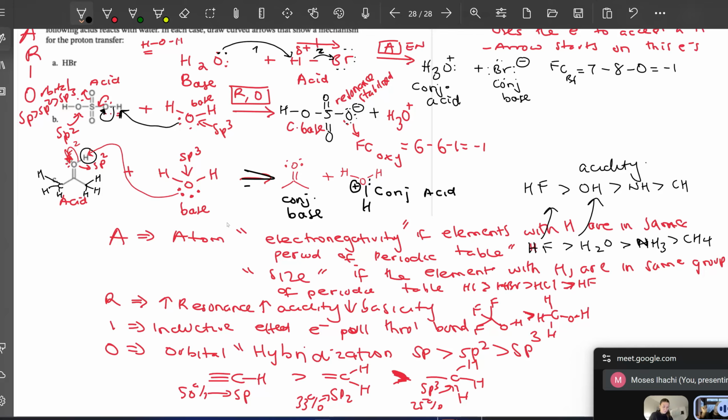Actually, this one should be an equilibrium, because that acid is a weak acid. The acetone, nail polish remover acid, the original acid, is a weak acid. This one is a weaker acid compared to the conjugate acid.